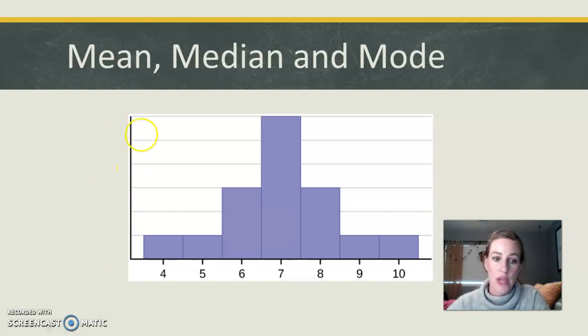But if we did know that it was 1, 2, 3, 4, 5, then we would know that we have 1 4, 1 5, 3 6s, 5 7s, 3 8s, 1 9, and 1 10. And you would add all those numbers together and divide by the number of values we have down here, which is 7. Okay, so that is that.